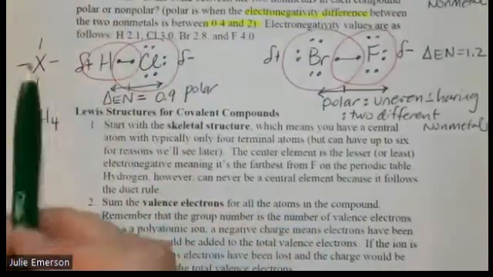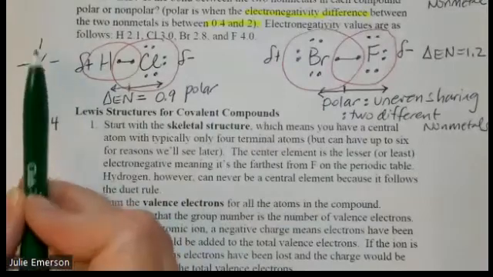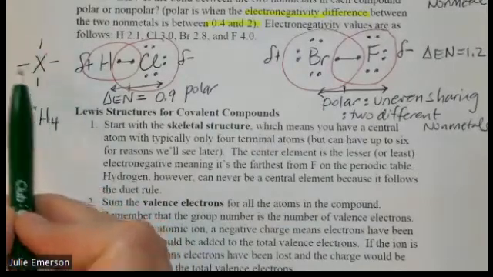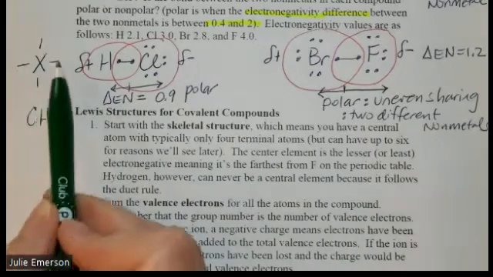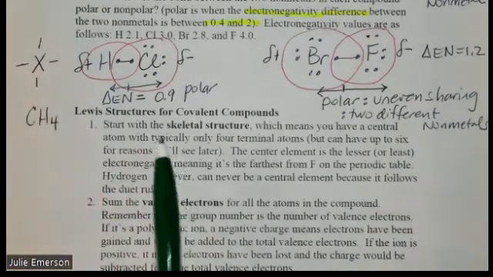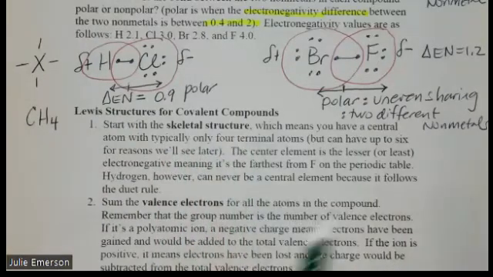But now if we look at them as bonding, we have these 4 bonding areas: top, bottom, left, and right. So there should be a center element and then up to 4 bonding sites. So when we look at the skeletal structure, basically that's what we're doing. We're saying, okay, this should be the center, and then the rest of these should be on the outside. That's what we start with.